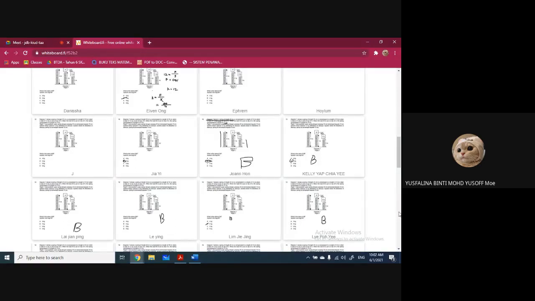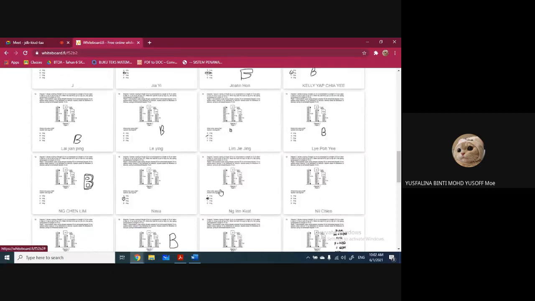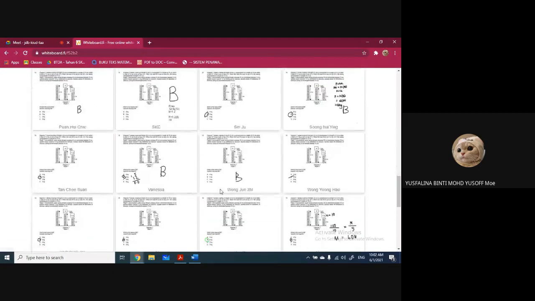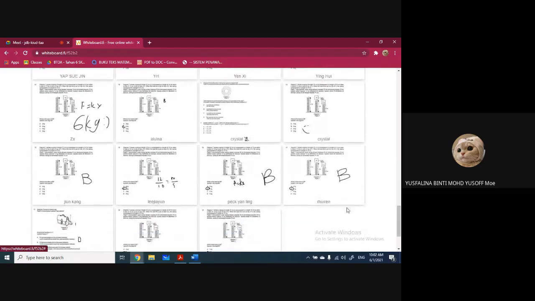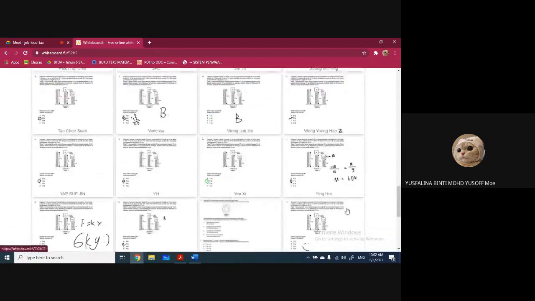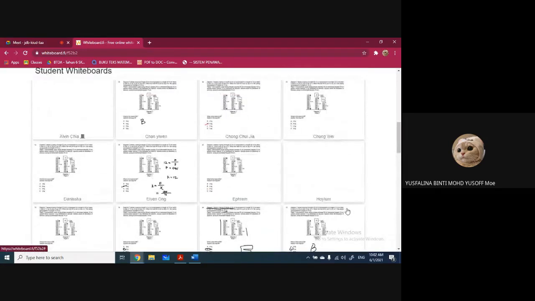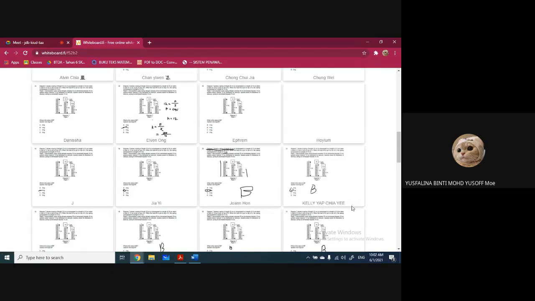Some of you can use the ratio also. You may find the spring constant first, and after that you find the value of F. And then you change back to Newton by dividing by 10. Okay, also can.